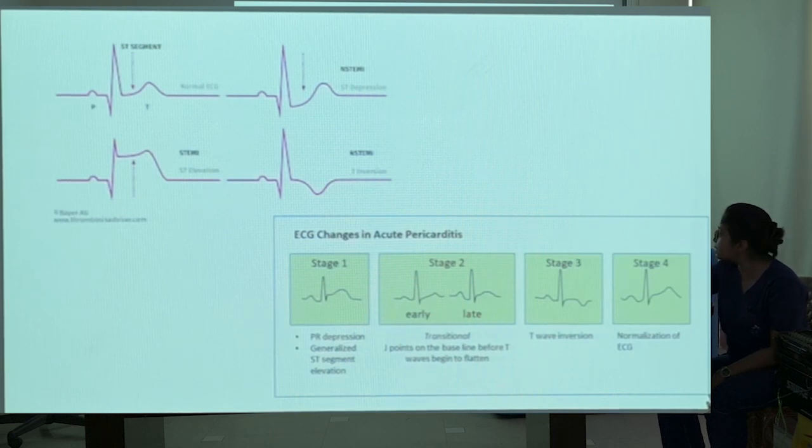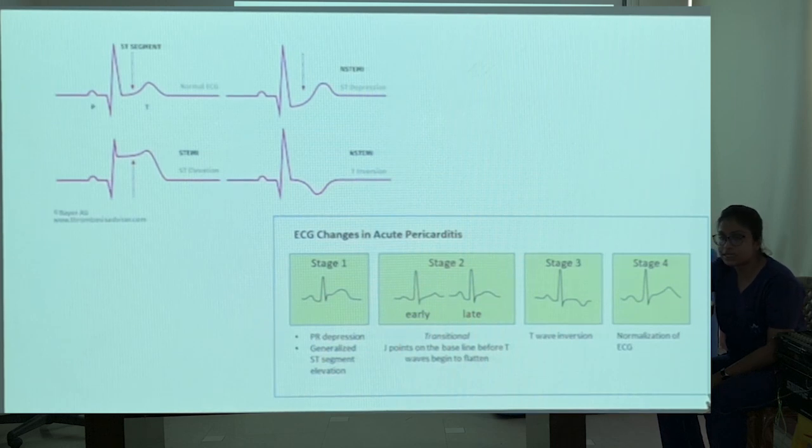As shown in the picture, the different stages of acute pericarditis can have different ECG findings. But the patient is in cross-section, so you don't have different stages to assess. You will have one single ECG to decide.